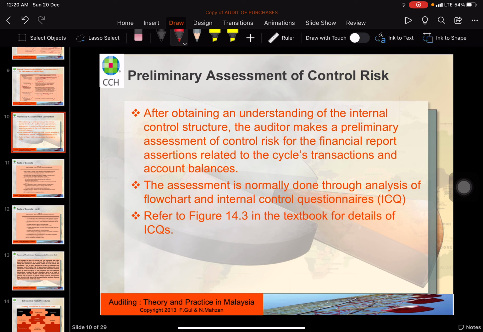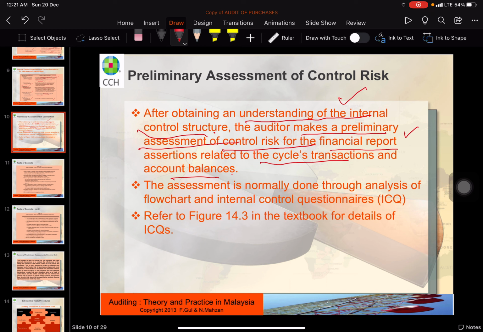After obtaining an understanding of the internal control structure, which we have to understand first, the auditor makes a preliminary assessment of control risk for the financial report assertions related to the cycle and the account balances. So after you understand, what you have to do is the preliminary assessment at the beginning.